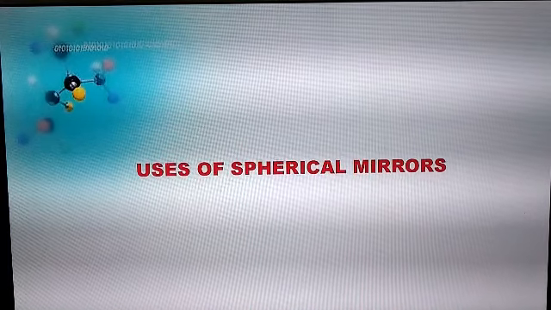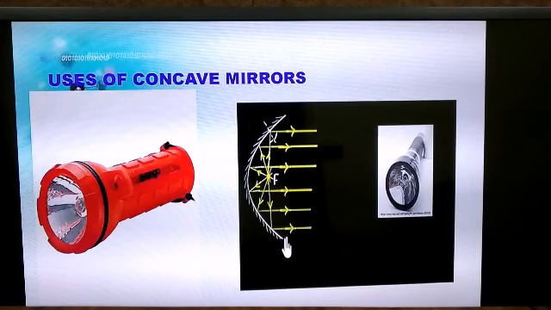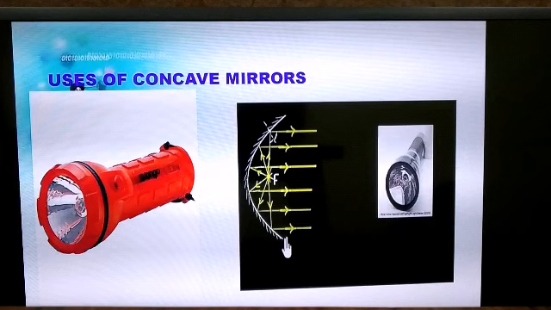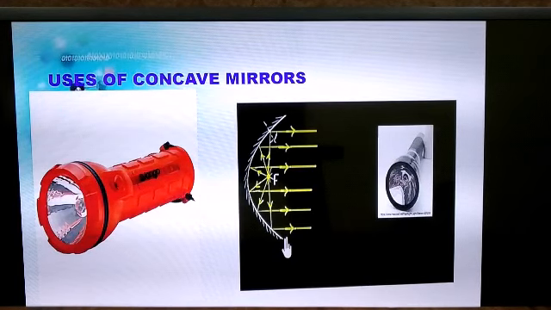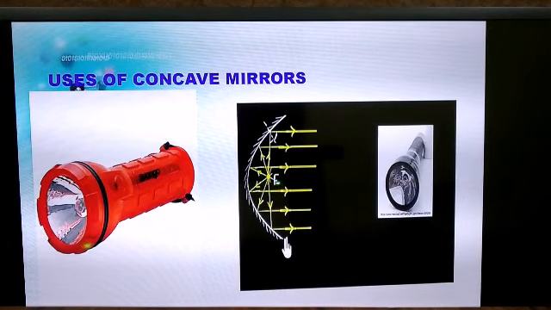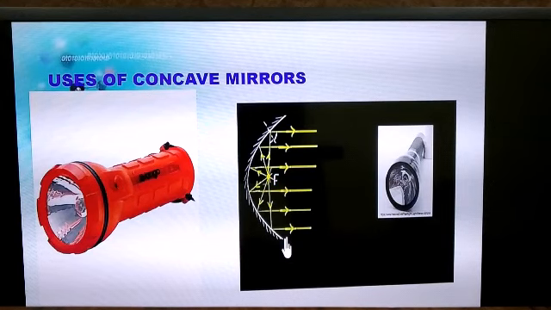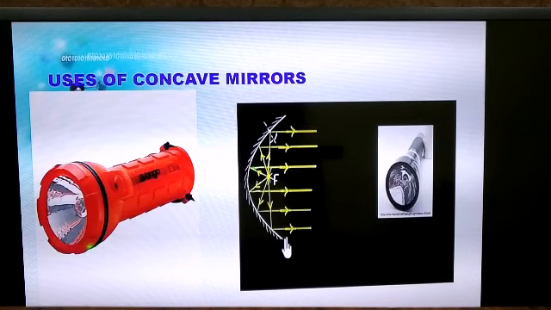Uses of spherical mirrors. We begin with the uses of concave mirrors. Concave mirrors are used in torches. In torches, you will find that a bulb or a source of light is kept at the focus of the concave mirror. So, when rays of light start from the bulb, they get reflected.